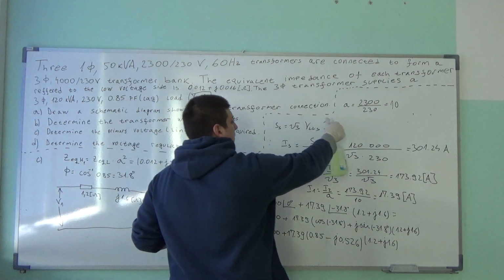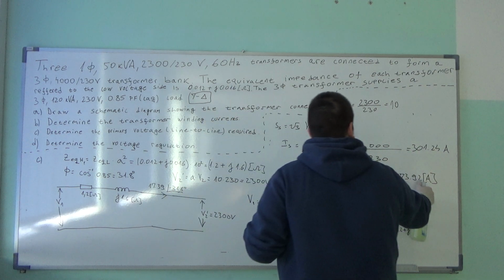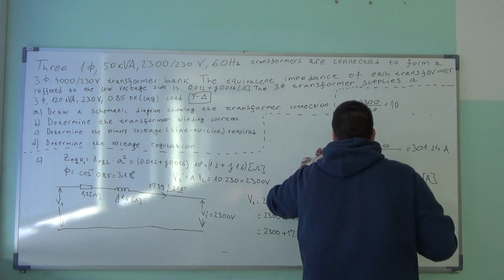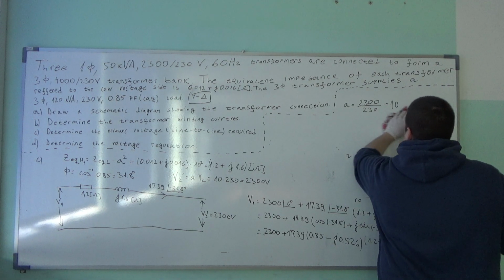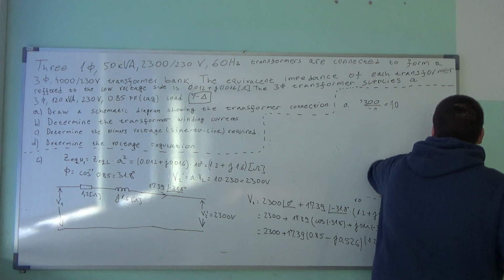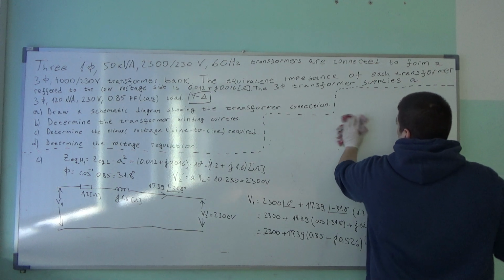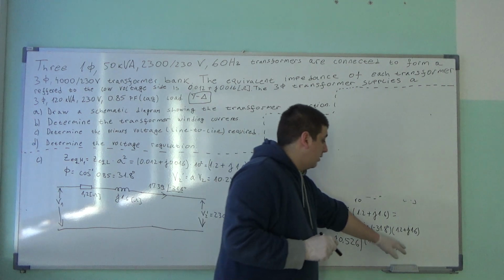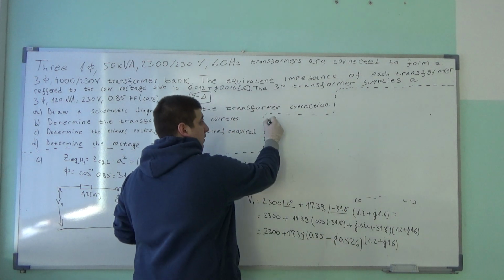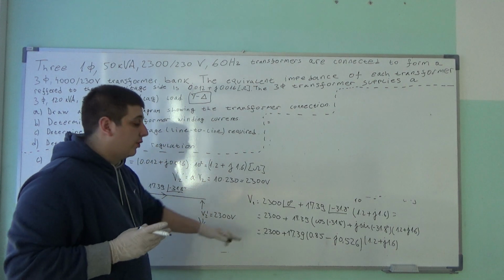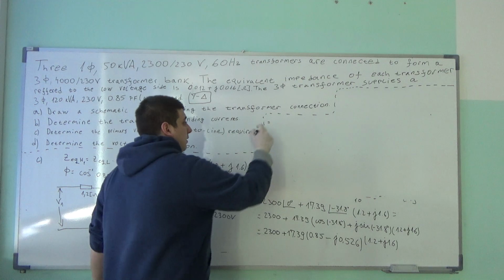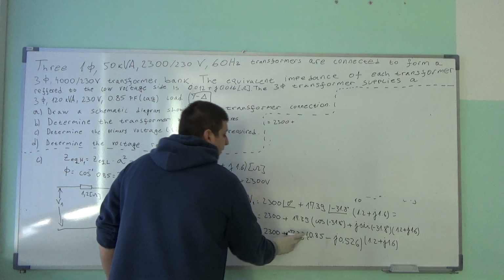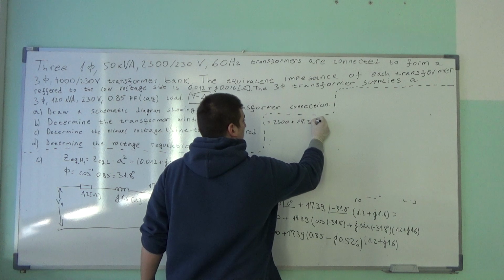Now I need to make some room. Now I'm going to continue here, but of course in your notebook you go below. 2300 plus, I'm going to write 17.39.